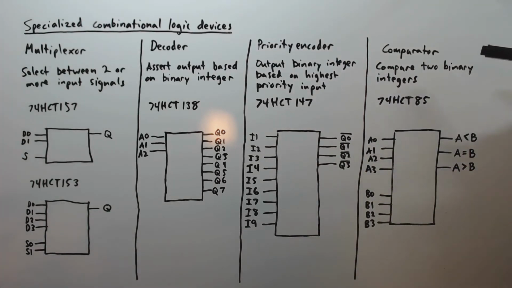As our last example of a specialized combinational logic device, what a comparator does is that it compares 2 binary integers. An example of a comparator device is the 74HCT85.